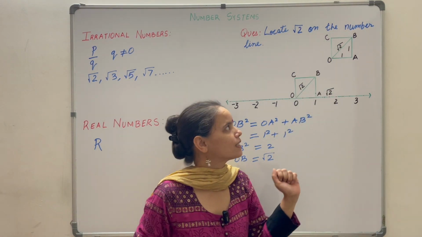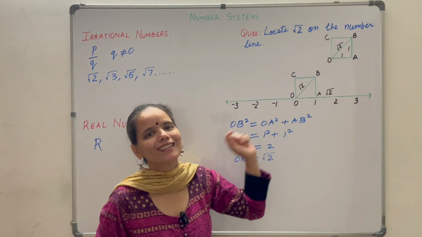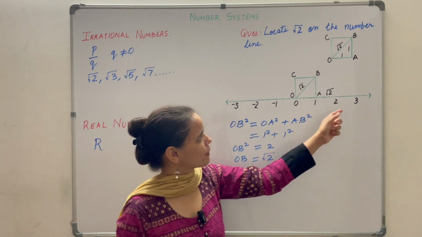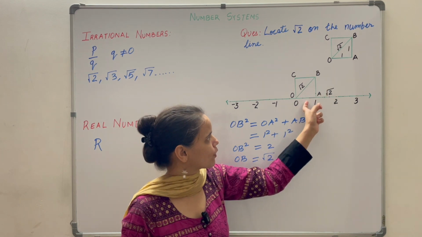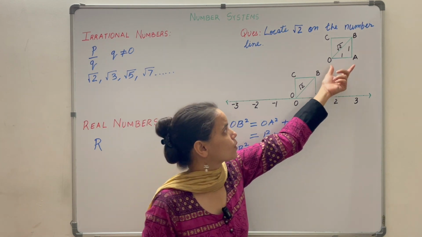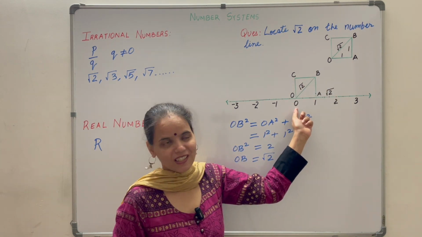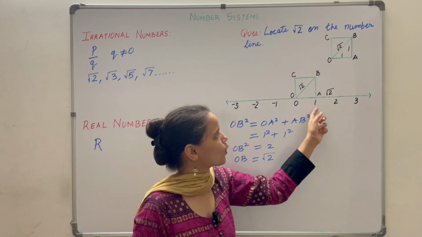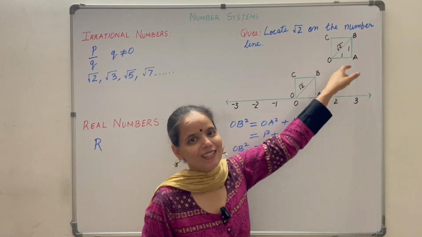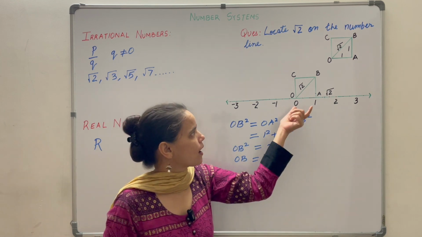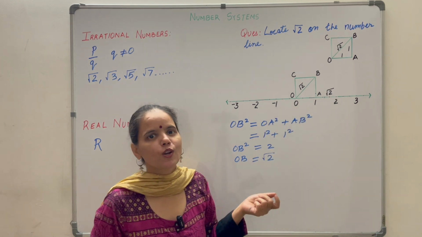What we will do here is place the square on the number line. The number line is already drawn here and I have already placed the square here. This O is going to overlap with 0 and A is going to overlap with 1, because this is a square whose side is 1 unit and this length 0 to 1 is also 1 unit.